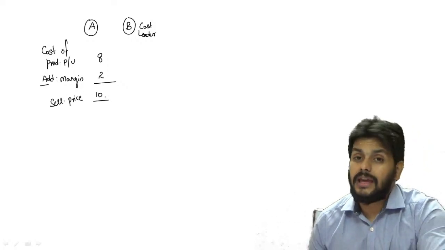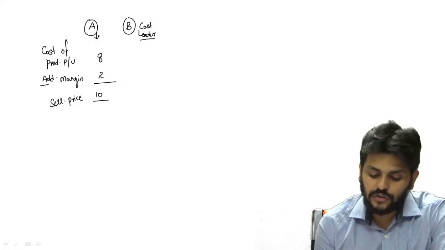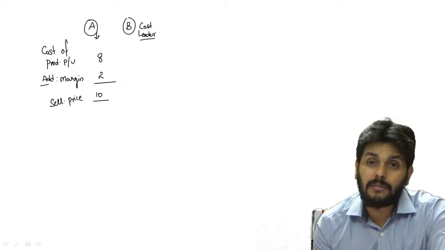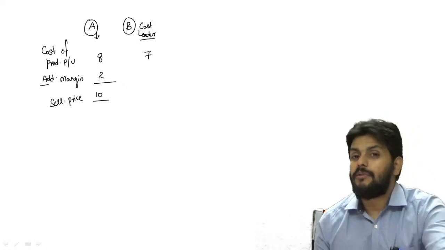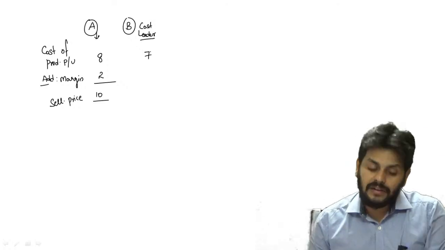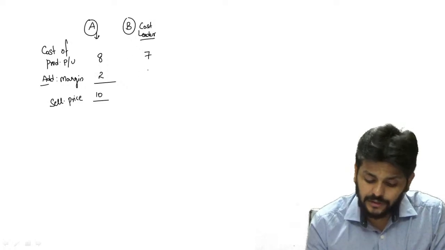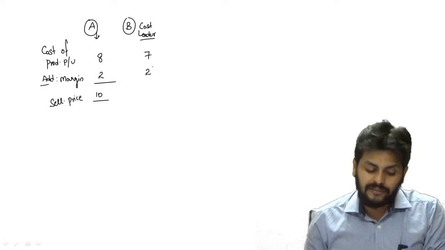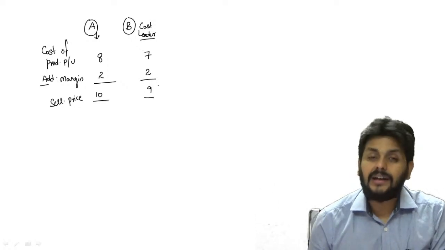Now this is what A is doing. Now look what's happening with B. Striving to be the lowest cost producer in the market, he is able to produce the same product at 7. Now let us add the same margin the competitor is keeping. We'll also have a 2 rupee margin only. Now we will be able to sell it at 9.